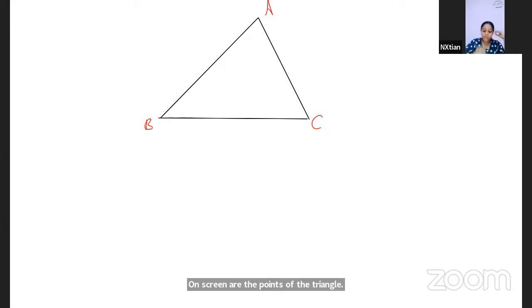Now, suppose from the vertex A, I draw a line that will come to the center of the line BC.